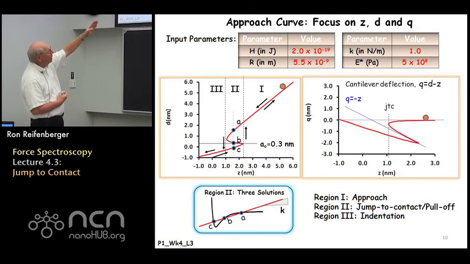There's a jump to contact, so at the jump to contact point, right? The Q value of the tip changes abruptly, and then you can load the tip against the substrate, and you'll follow the left-hand part of the red curve there.